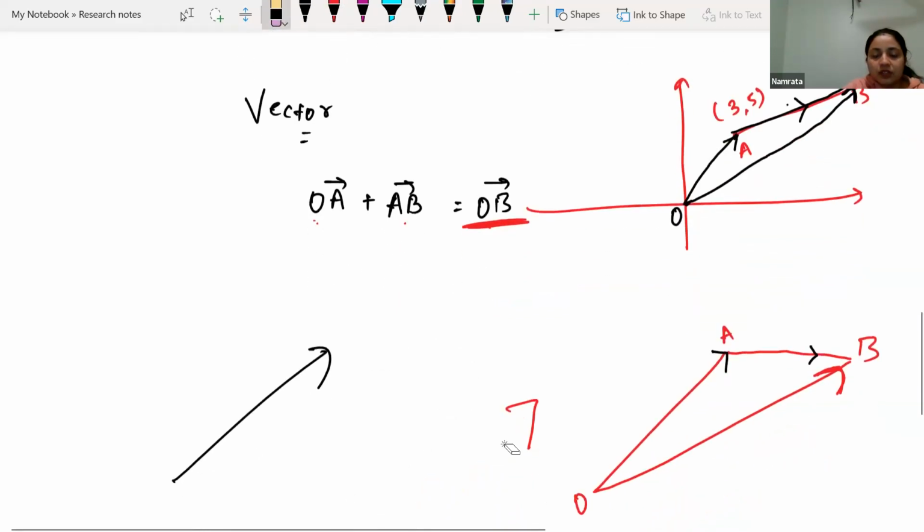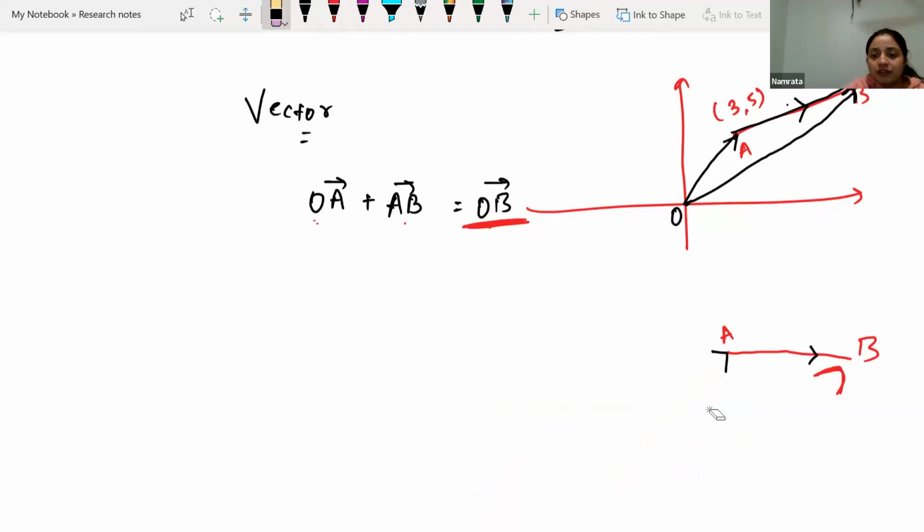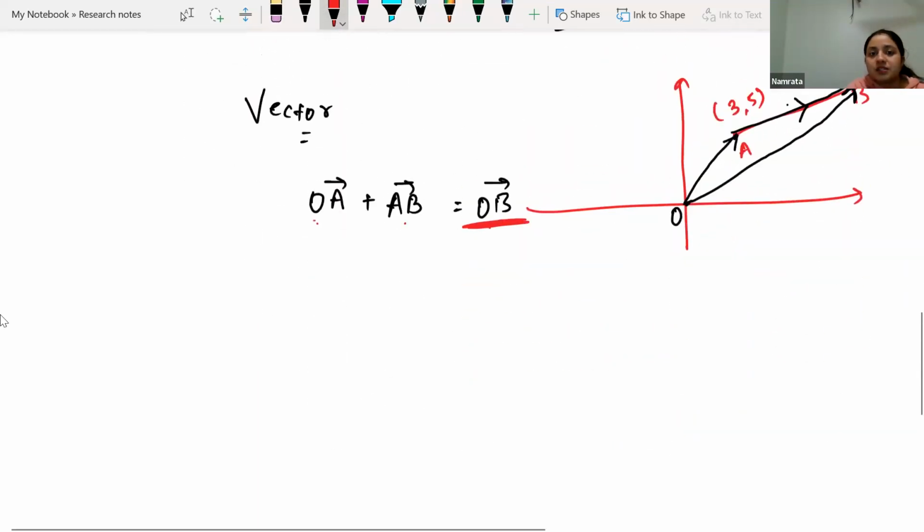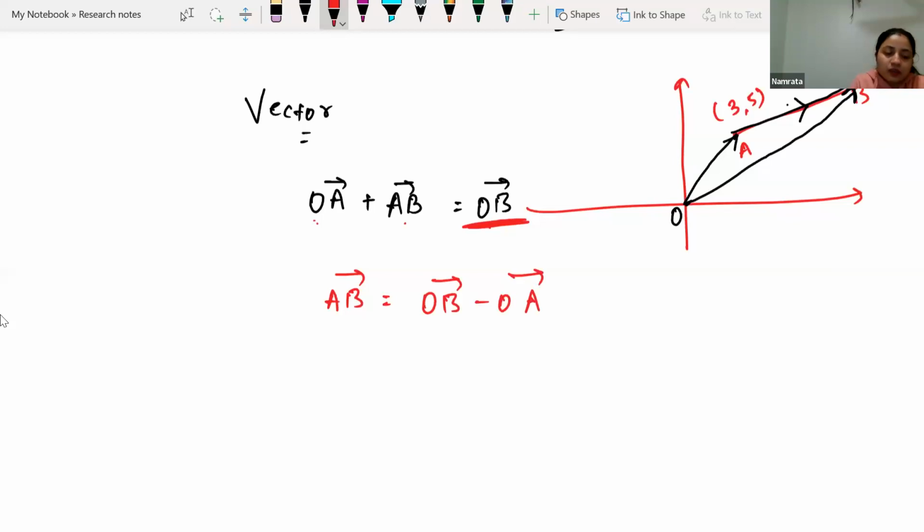So this is how we can write it in the vector form. The Cartesian form, the equation of a line, you have seen over here. The vector form, this way we can write it. The equation of a line AB can now be written as AB equals vector OB minus vector OA. Now vector OB and vector OA we can find. How?